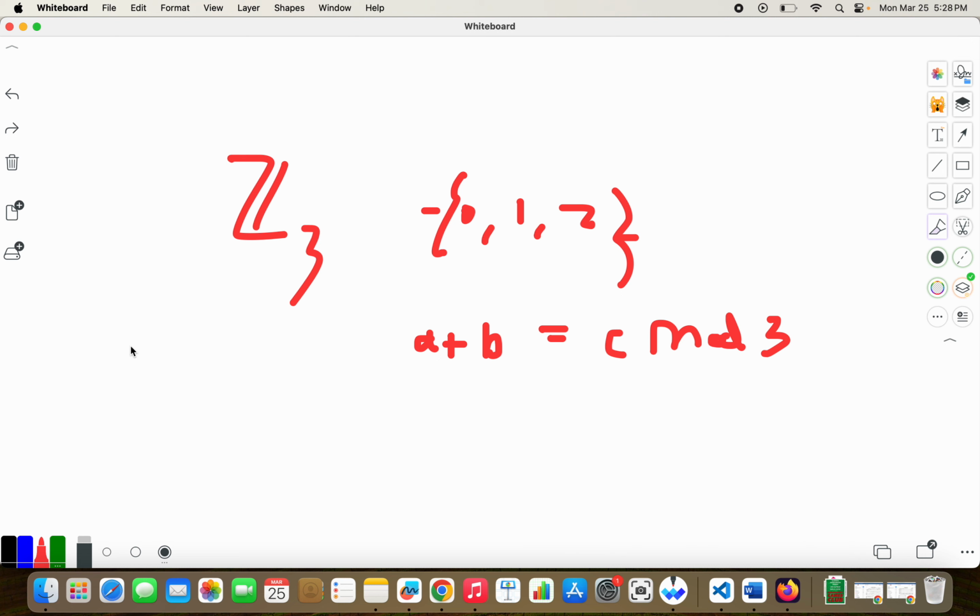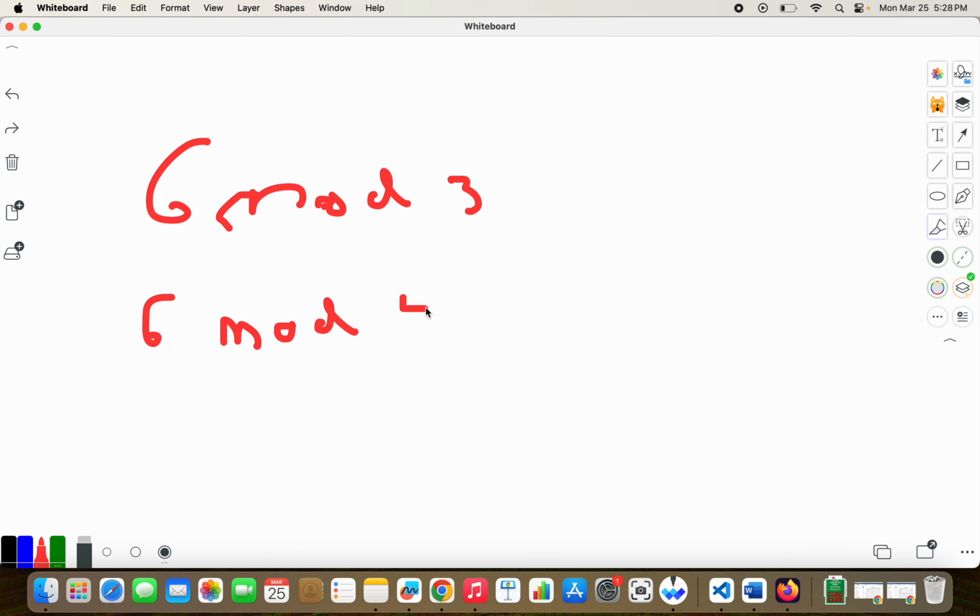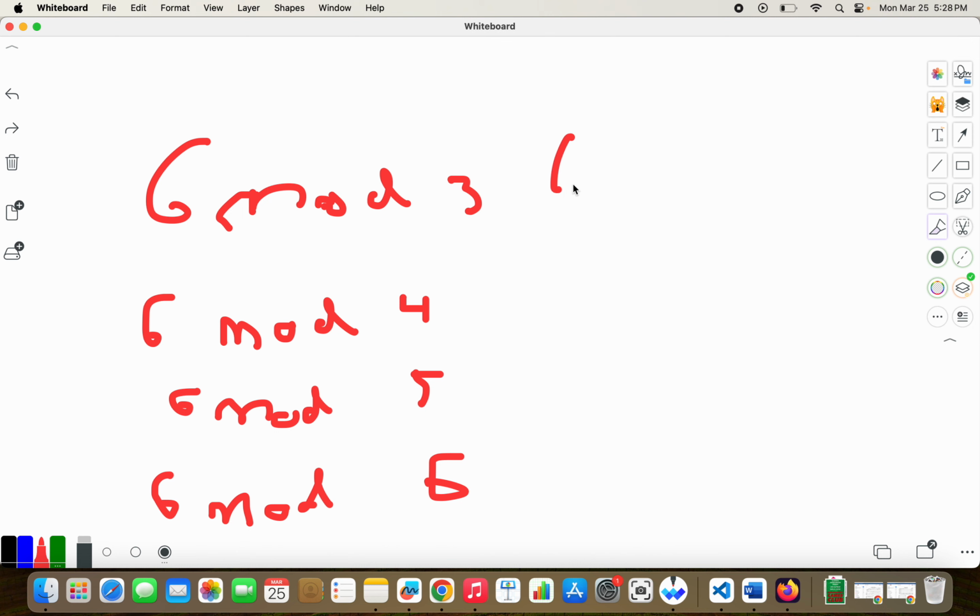Let's talk a bit about number theory and modulus. So what is 6 mod 3? Well, that's 0, because modulus gives you the remainder. 6 mod 4 is 2. 6 mod 5 is 1. 6 mod 6 is also 0. 6 mod 7 and onwards, it's always going to be 6.